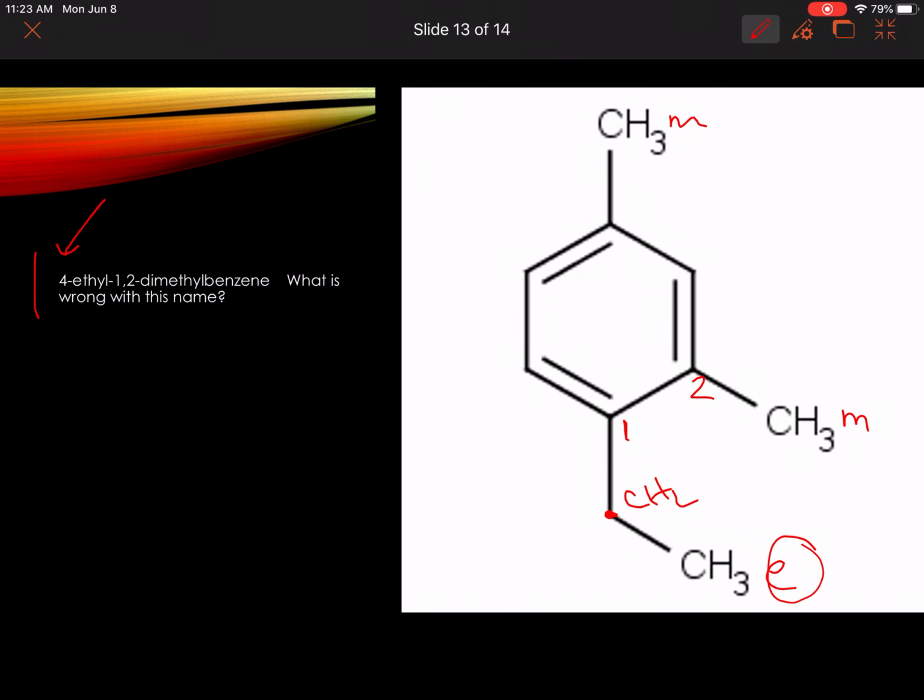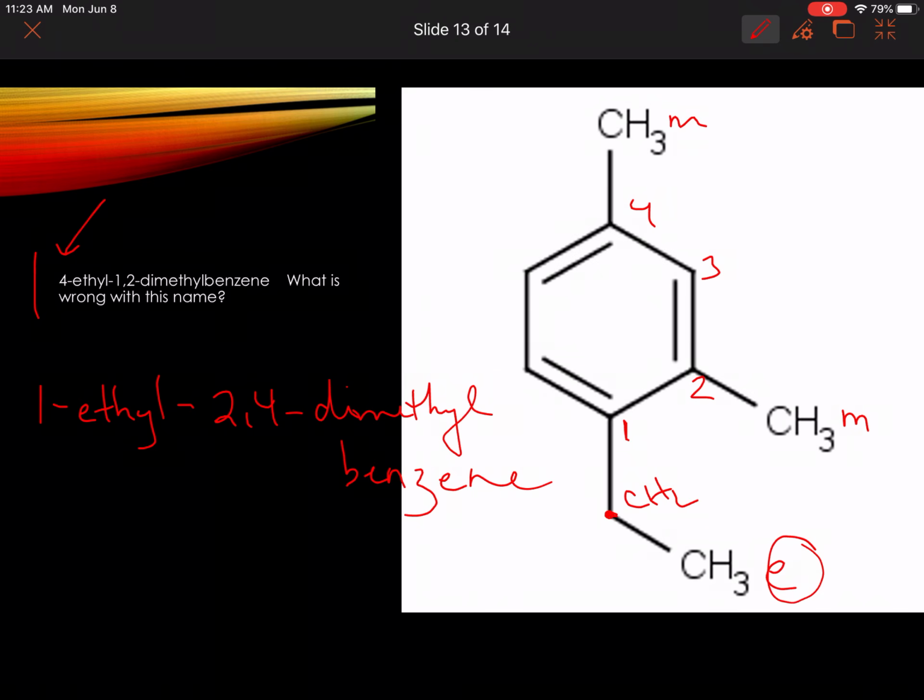So this is going to be 1, 2, 3, 4. So the real name of this molecule is going to be 1-ethyl-2,4-dimethylbenzene. So that is the real name there.